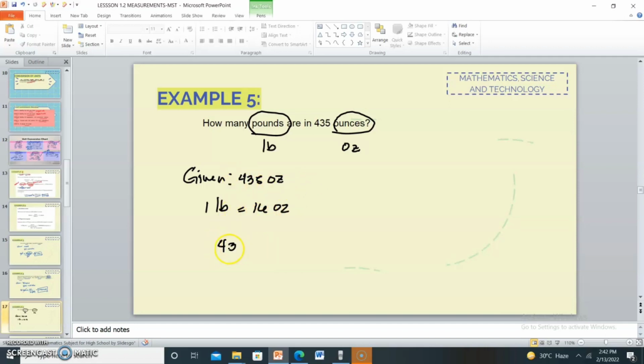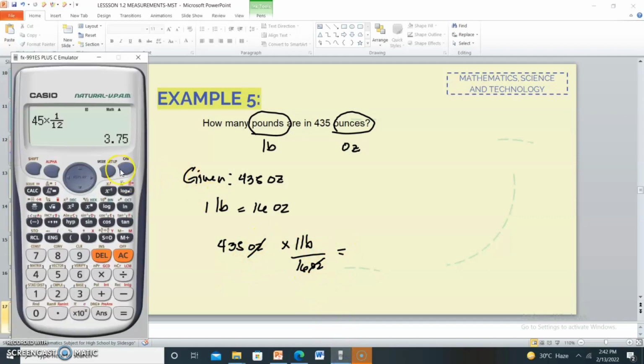So 435 ounces times 1 pound over 16 ounces. Then cancel out the ounce. Equal to 435 times 1 over 16.